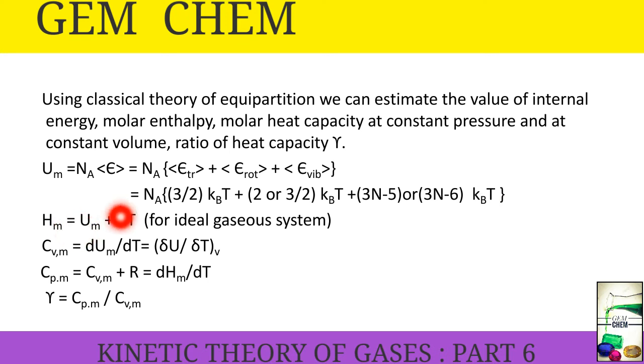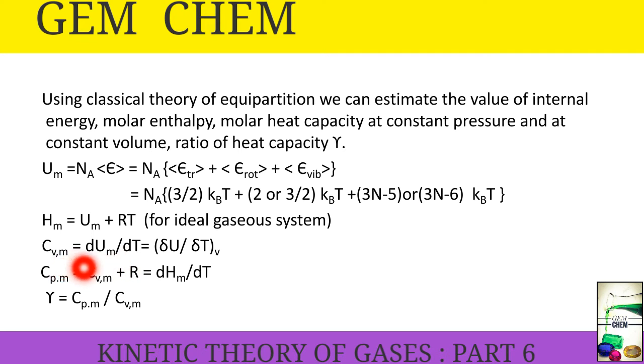Now, the molar enthalpy, that is Hm, is given by Um plus RT. This is not a general formula, it is only for an ideal gaseous system. The molar heat capacity at constant volume is given by dUm by dT, the partial derivative of internal energy with respect to temperature at constant volume.